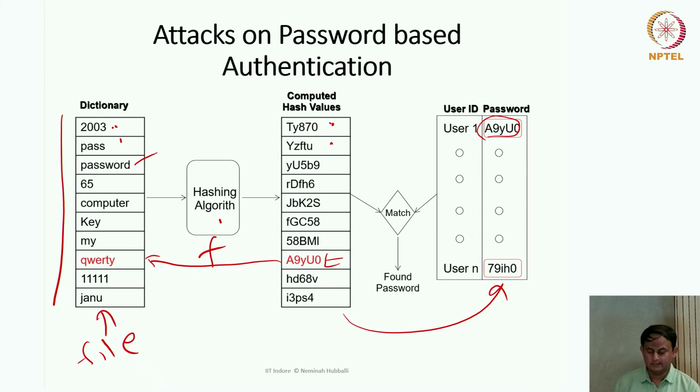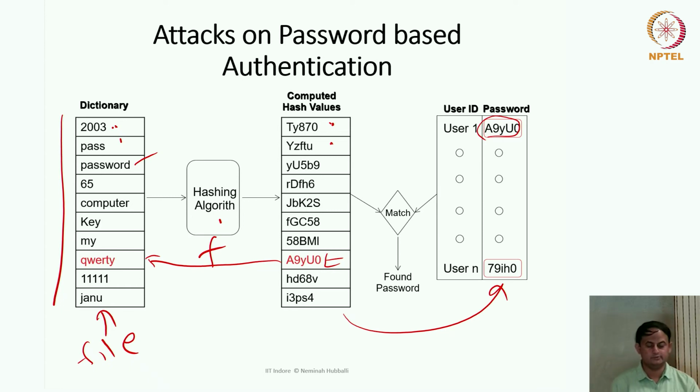So I repeat, what you have is a pre-computed set of hash values. You take these and try to match them on a one-on-one basis with the password file. If any of these pre-computed hash values match, you go back and check the word that was used to generate it, and that becomes the password. You have cracked the password.